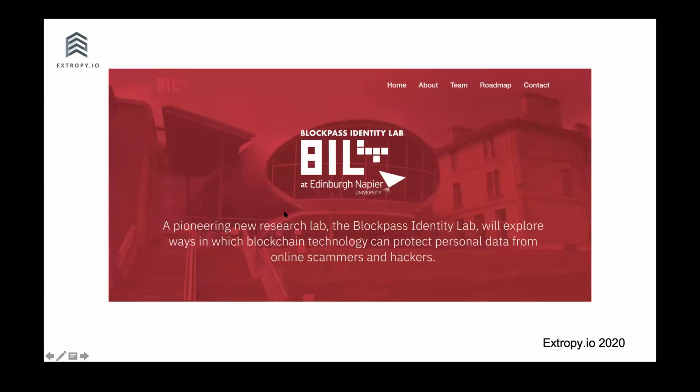Another interesting one is at Edinburgh Napier University, which has a laboratory looking at identity. I think there are a lot of use cases here, the idea that you can create identities and then use proofs to represent this identity or prove some aspect of it.